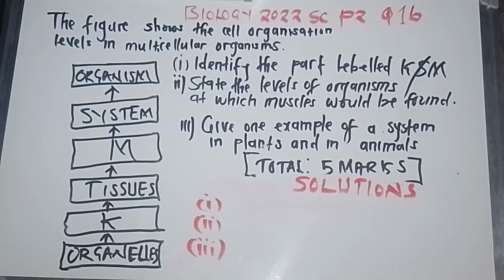Okay, so we'll proceed with the question paper, which is Biology 2022, School Certificate. This is question 1B. Last time we were solving question 3, so today we are solving question 1B. The question says the figure shows the cell organization levels in multicellular organisms.